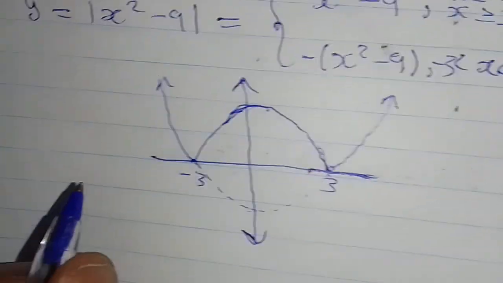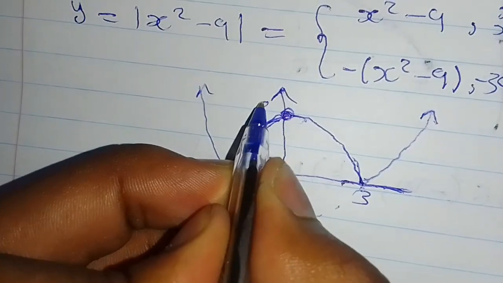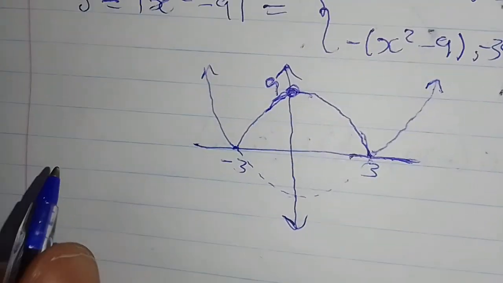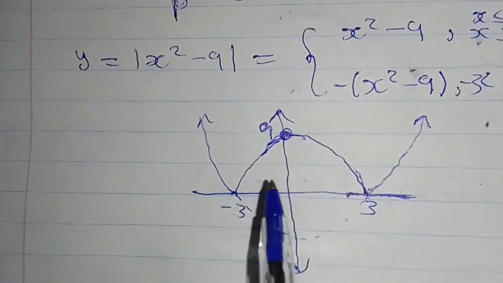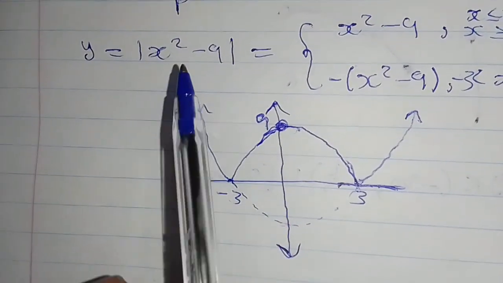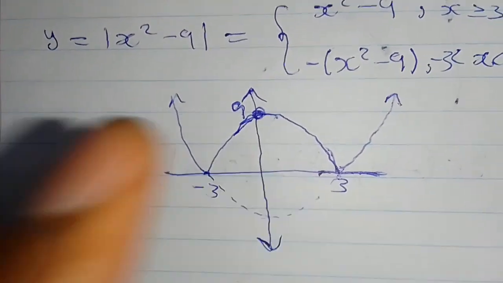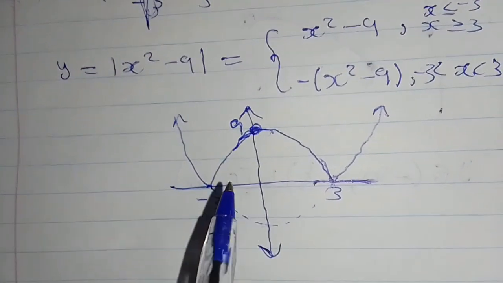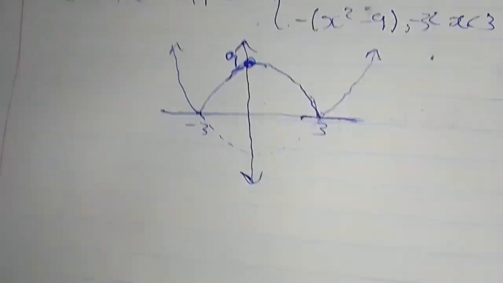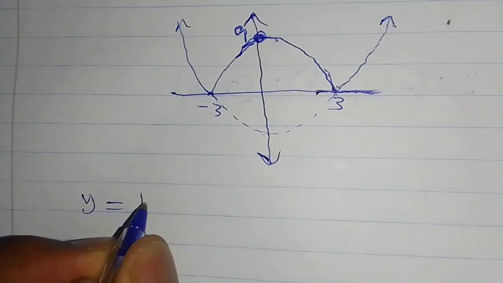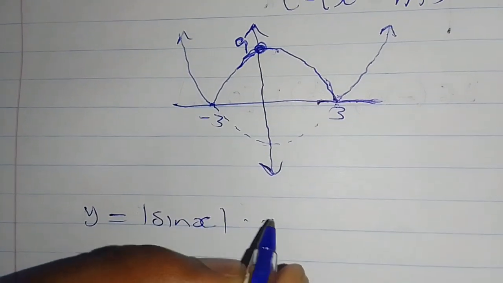Notice, then you have 9 there. So basically, the absolute values reflect the negative region about the x-axis. Only reflect the negative region about the x-axis. So similarly, you can graph y equals the absolute value of sine x and stuff like that.